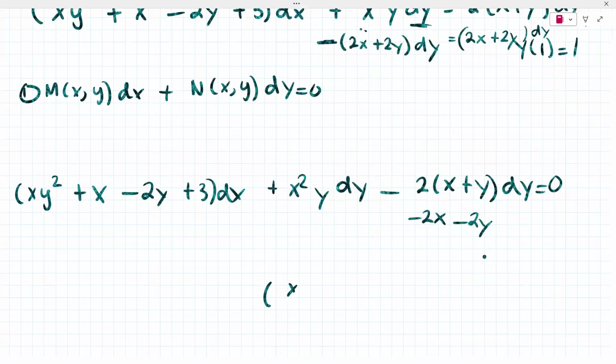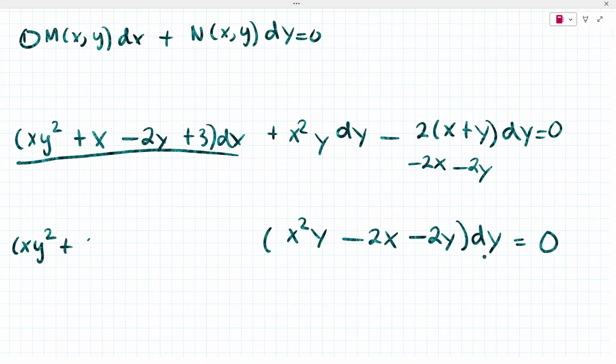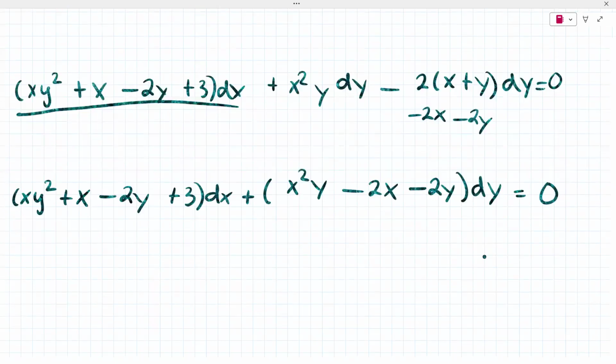So it's going to be x squared y minus 2x minus 2y of dy equals 0. And over here, this stays the same. We have xy squared plus x minus 2y plus 3 of dx. Okay, now we have it in the correct form.